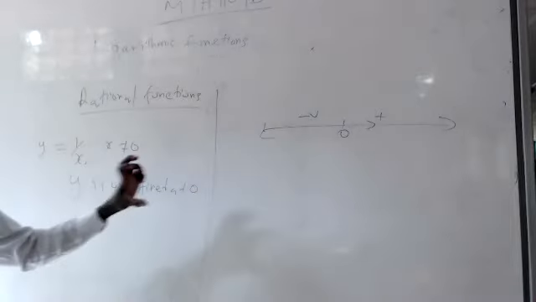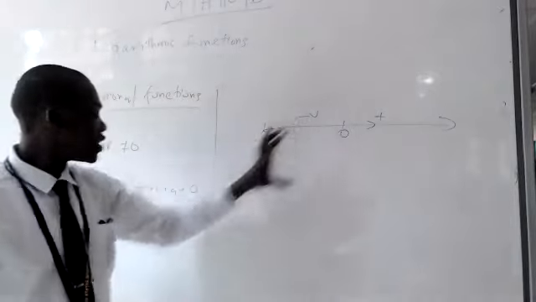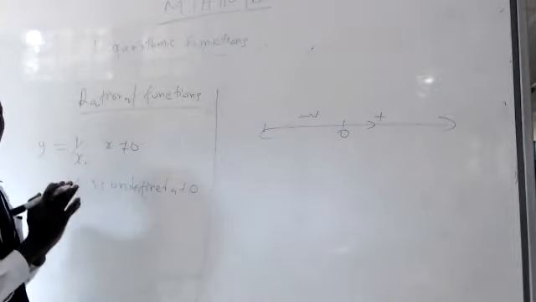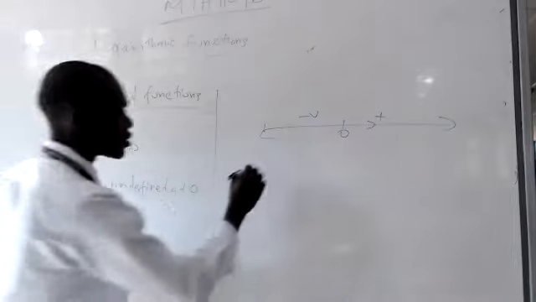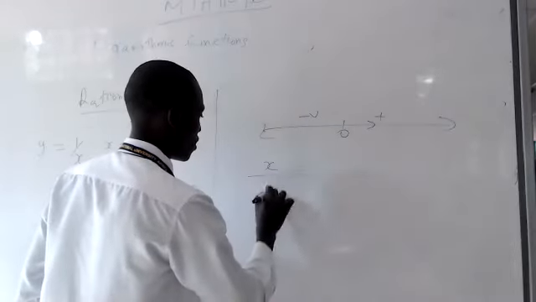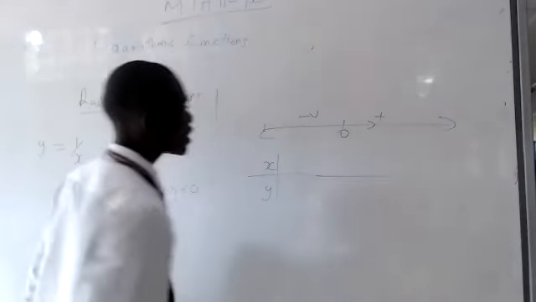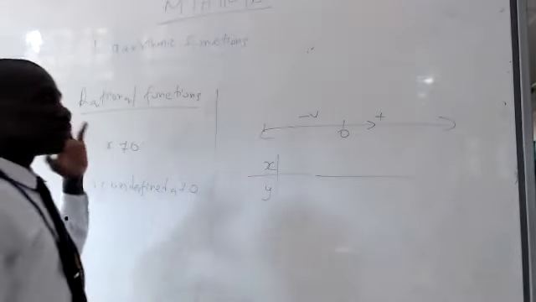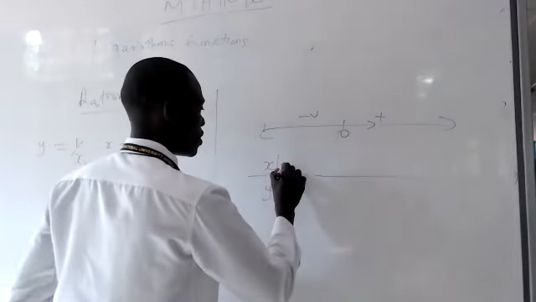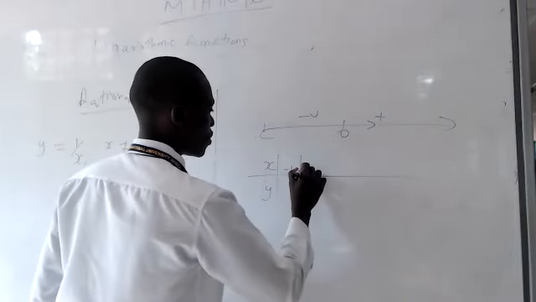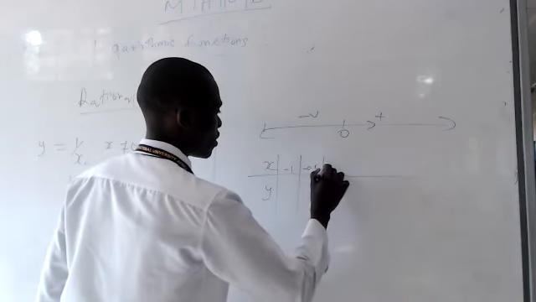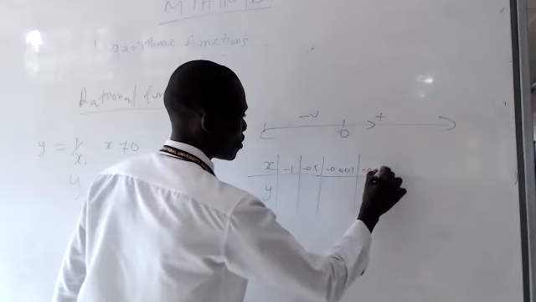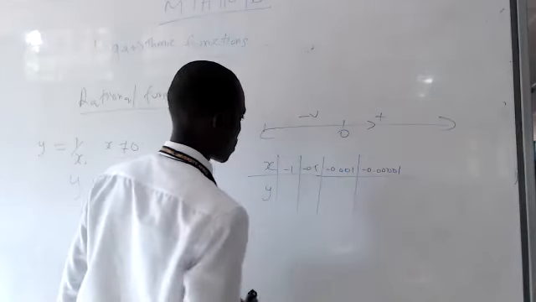Let us try to approach 0 from either side and see what happens around 0, not exactly at 0. So let's see x, y. First we approach 0 from the left side. Start with -1, then -0.5, then -0.001, -0.00001, like that.